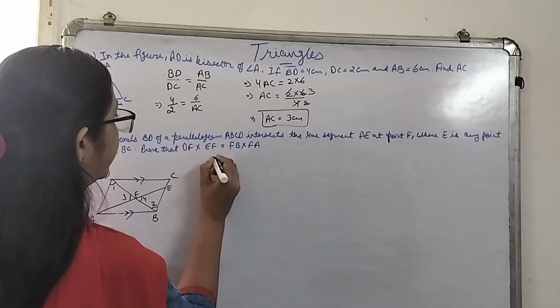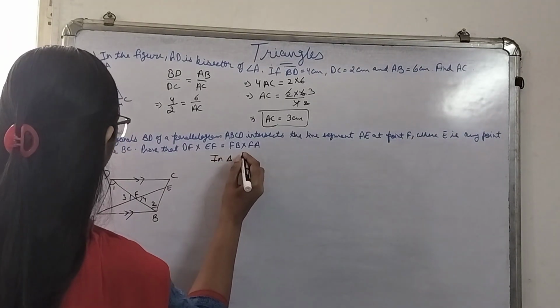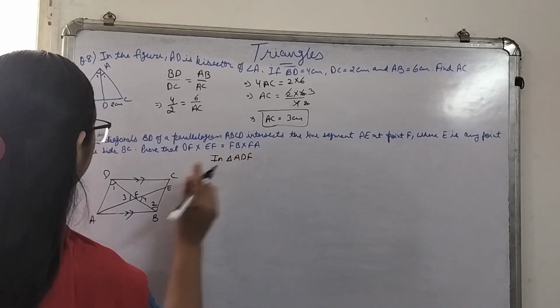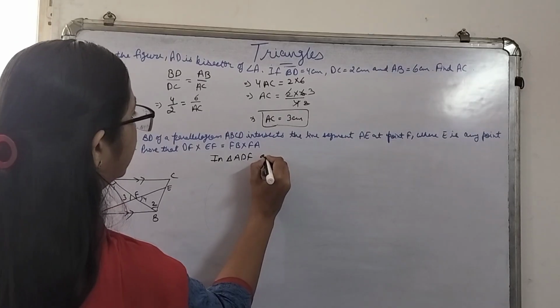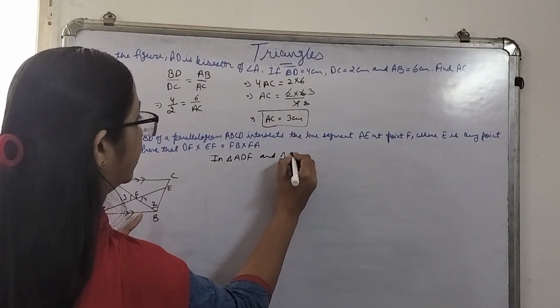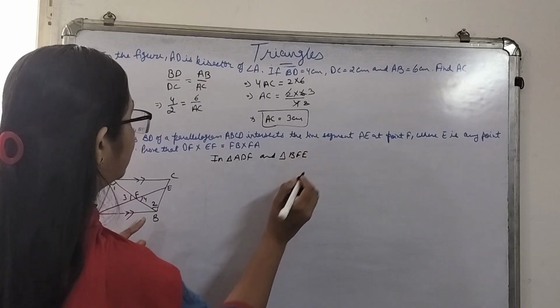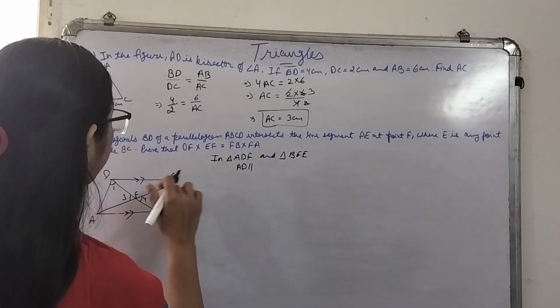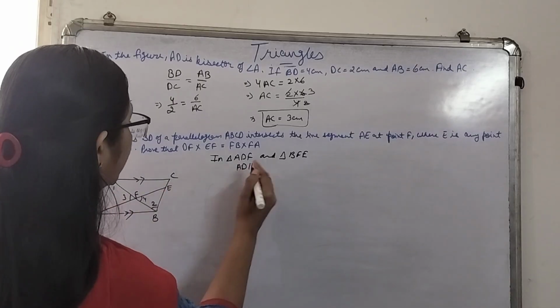So in triangle ADF and triangle BFE, in these two triangles, it is already given that AD is parallel to BC.